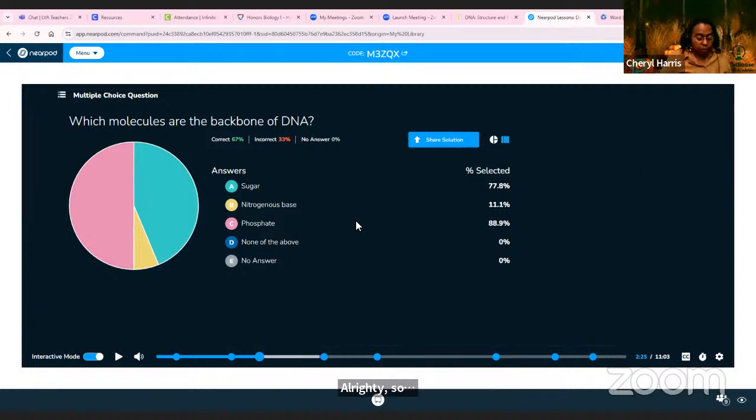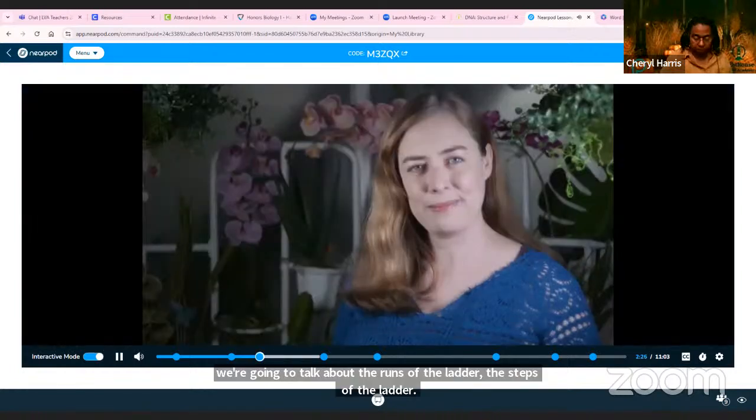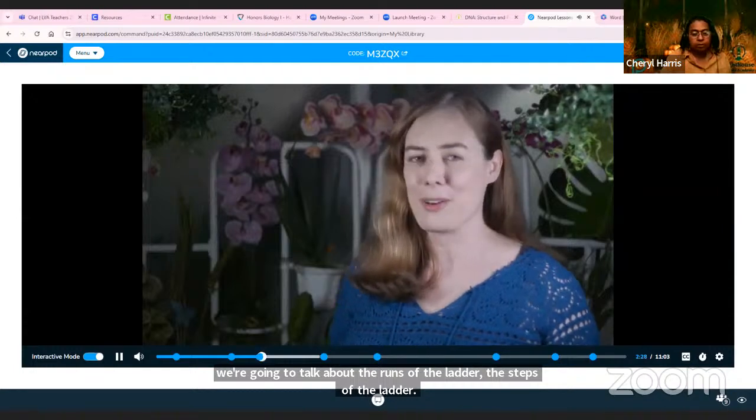So when we talk about DNA being like a ladder, the sides of the ladder are what we call the backbone. The sides of the ladder are made up of two units, the sugar and the phosphate. Next, we're going to talk about the rungs of the ladder, the steps of the ladder. Let's first make a backbone using our 3D pen.